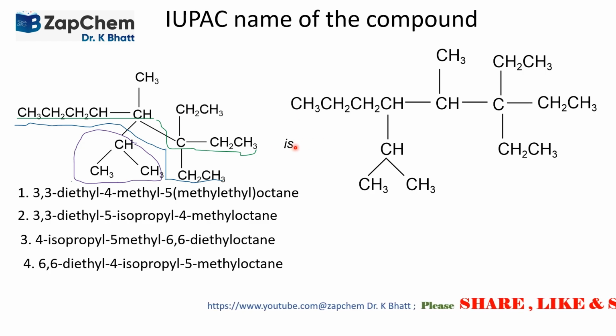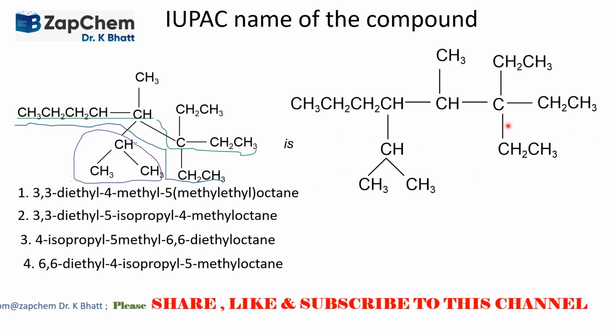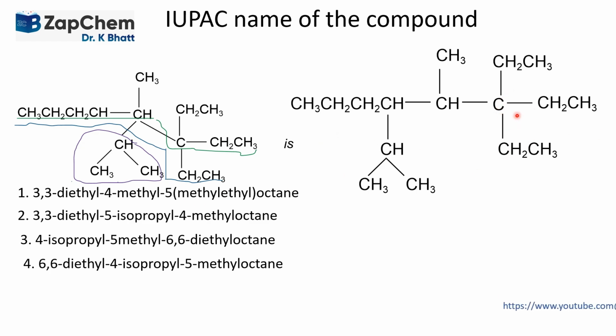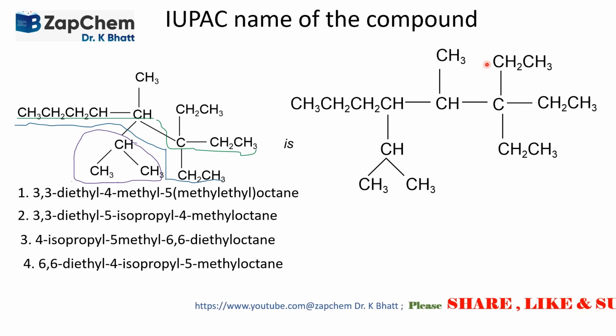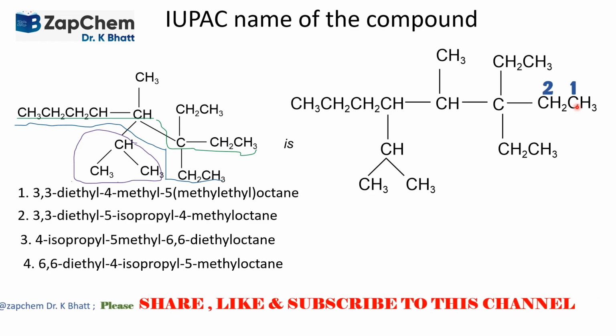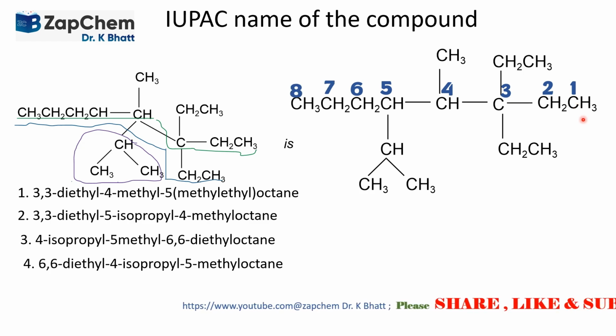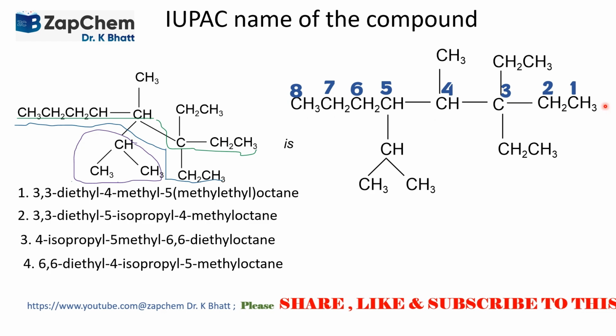And you have to number from the end where the ethyl group comes first, and that is diethyl. So this way we find here on the right hand side, this is number 1, 2, 3, 4, 5, 6, 7, 8. So this makes the root word octane.